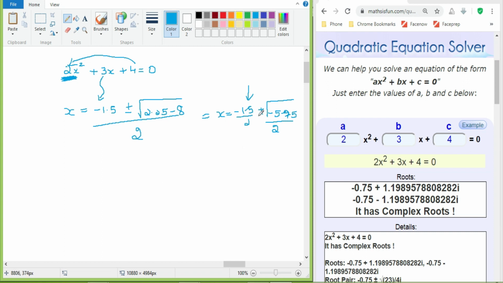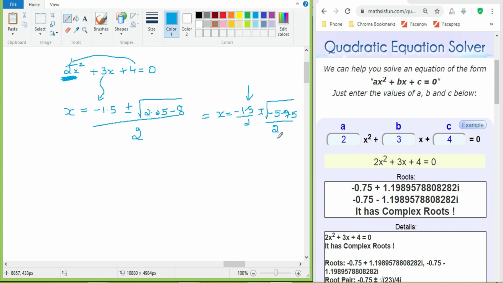Next, plus or minus, since this number is negative, which talks about i, and 5.75 divided by 2. When the value goes inside the square root, what happens to it? It gets squared there.